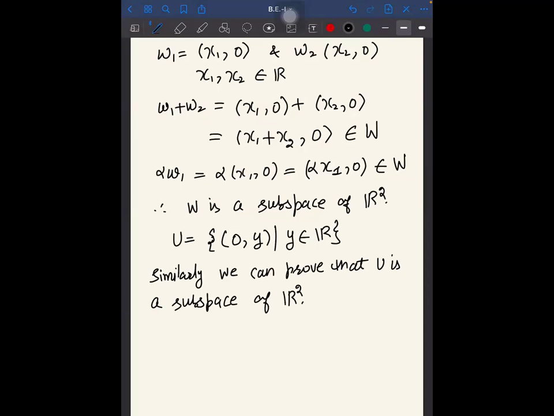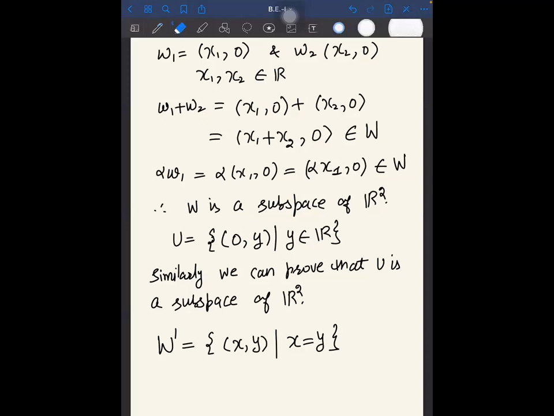Okay, let's take another example. I take W dash, which is all (x, y) such that x is equal to y, and again the condition is the same, that x and y belong to the real. So is this a vector space? Let's try to find out.